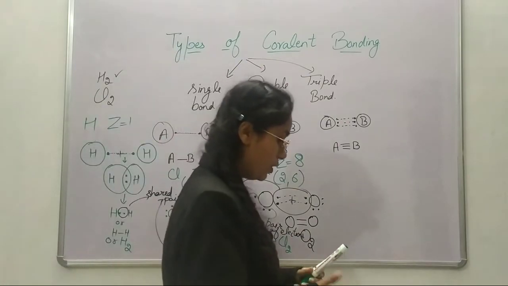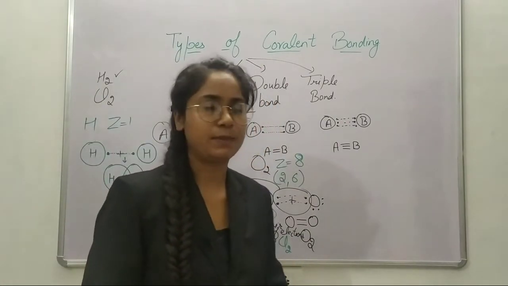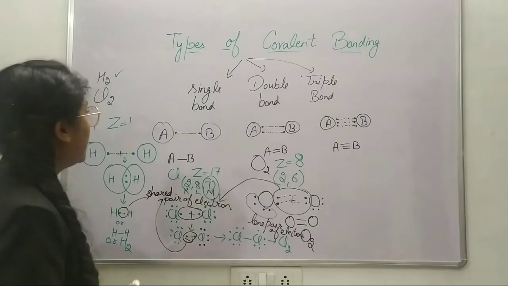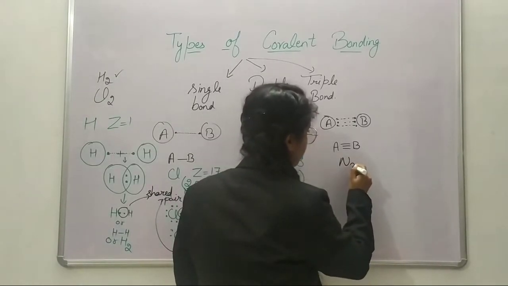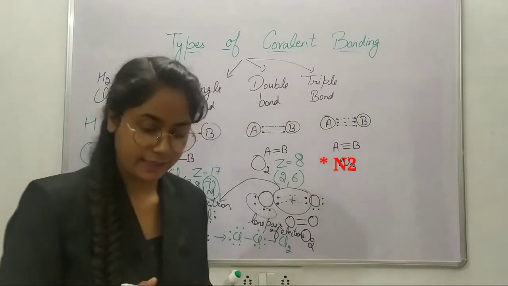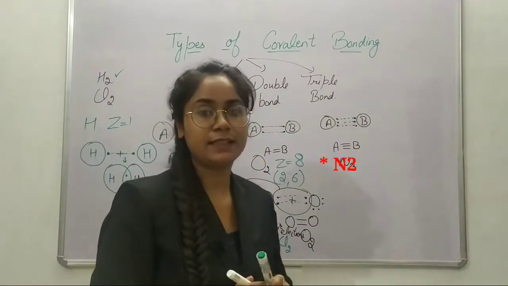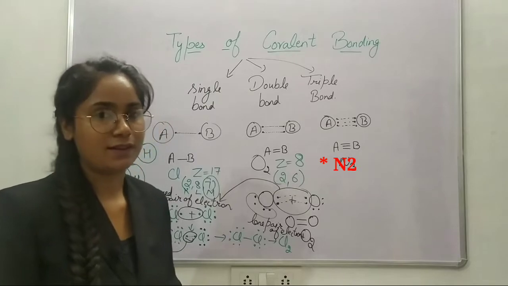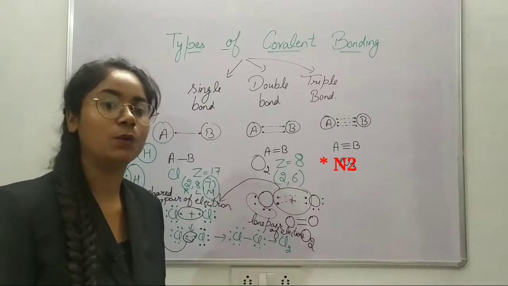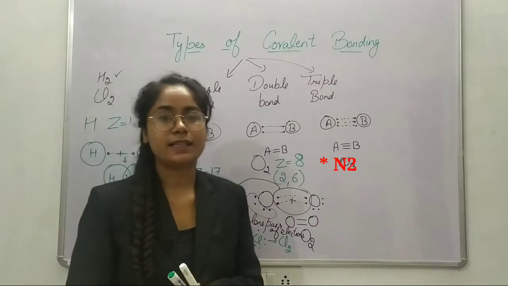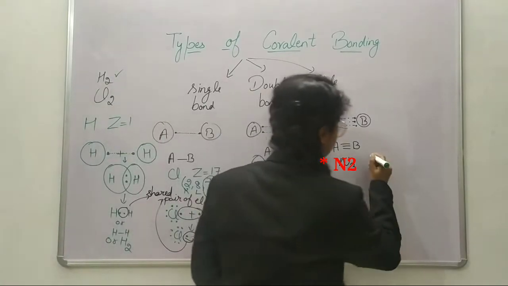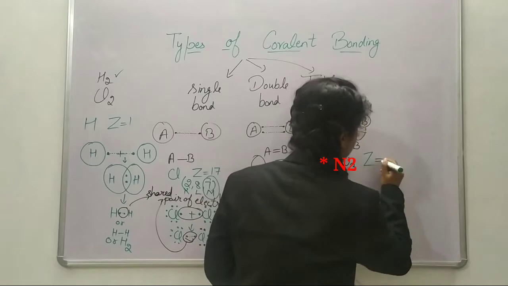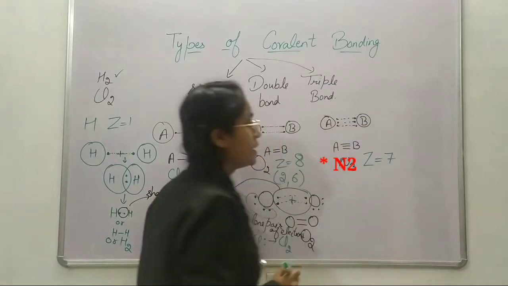Now let's move on to the triple bond. In case of a triple bond, let us take a simple example. Yes, let's take nitrogen, N2. Now nitrogen forms a triple bond. I have already told you, but how? What is the atomic number of nitrogen? 7.